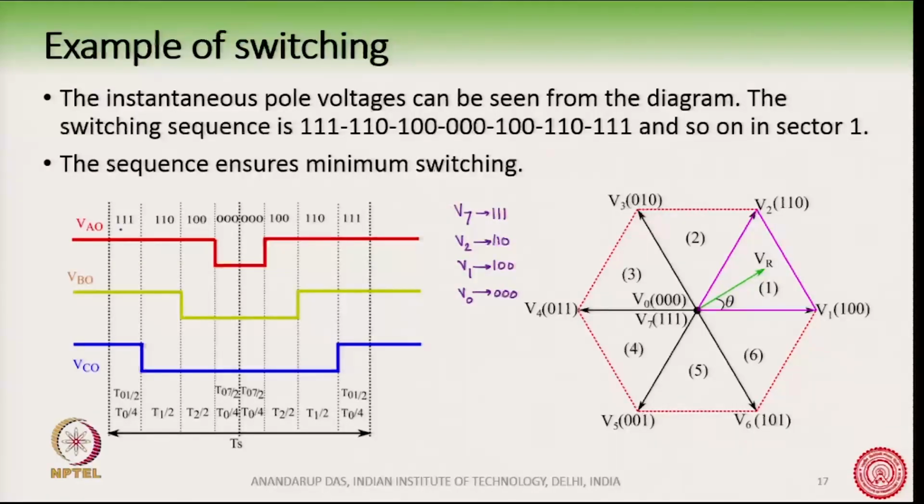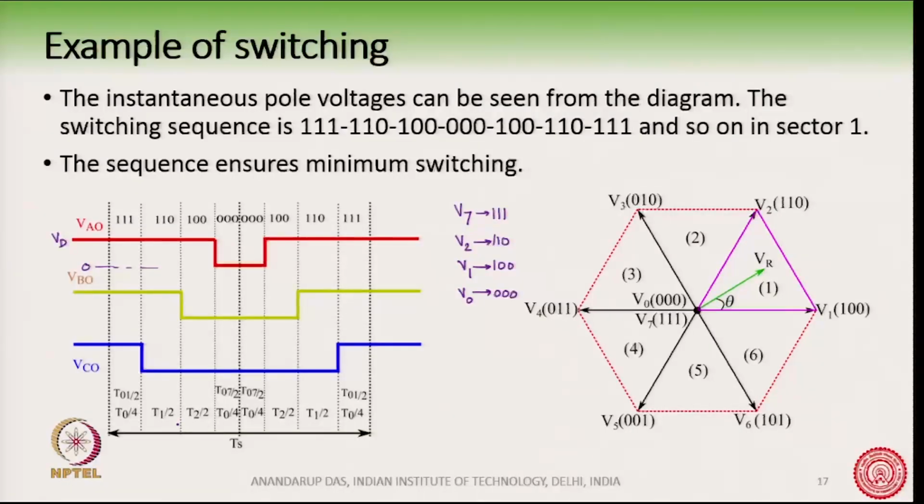When we have 111, it means that A phase, B phase and C phase, all 3 are having one state. So, which means that if this is 0, this is Vd, then VAO, VBO, VCO all 3 are Vd during this point of time. Next is the T1 time period.